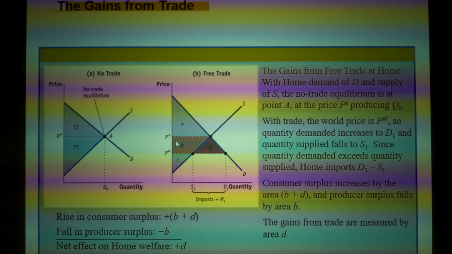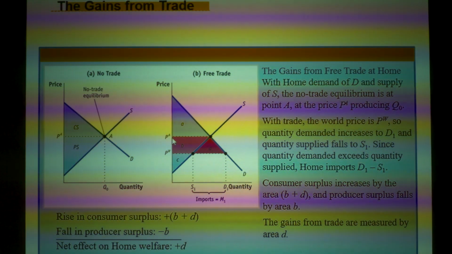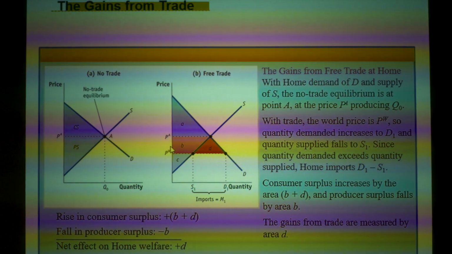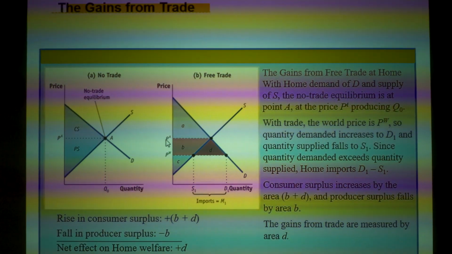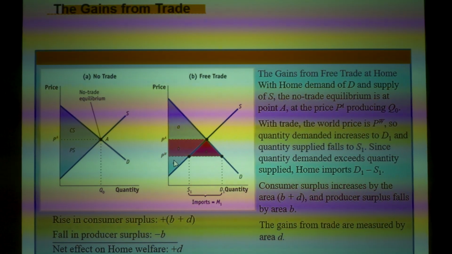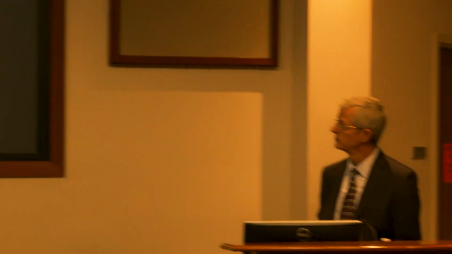So the price has dropped from this initial domestic price, PA, down to this world price. So that's PA in the absence of any international trade. Here's the world price. You can definitely see consumer surplus has gone up, right? Used to be this blue area here, that's repeated here.